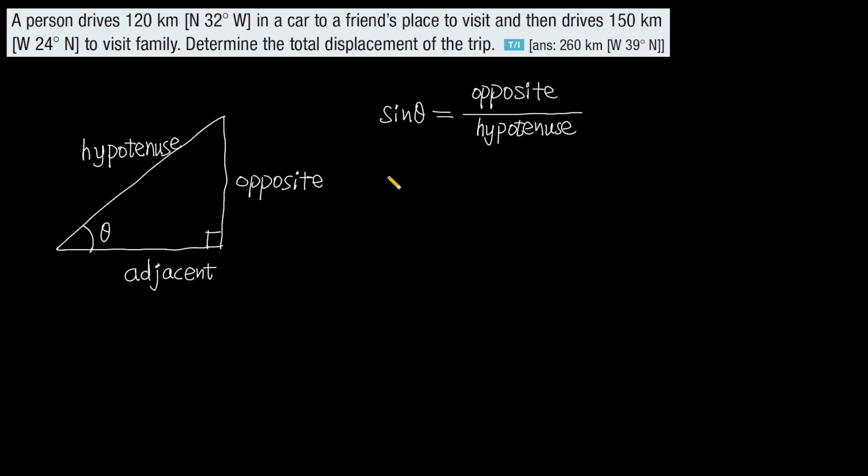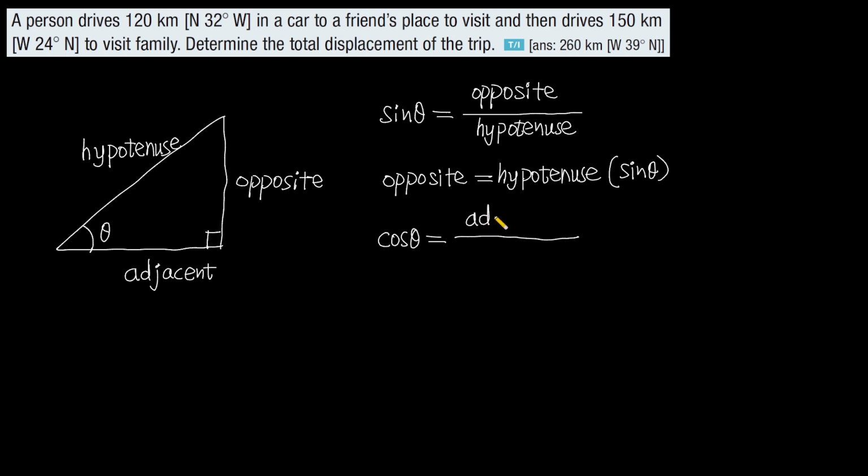Then opposite side equals hypotenuse multiply sin theta, and cosine theta equals the adjacent over hypotenuse.